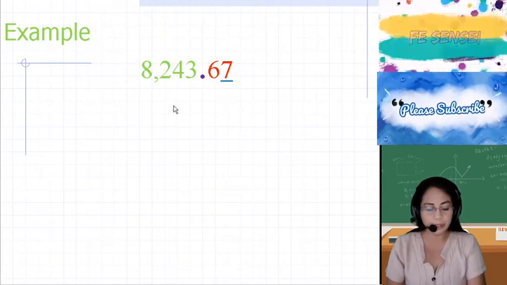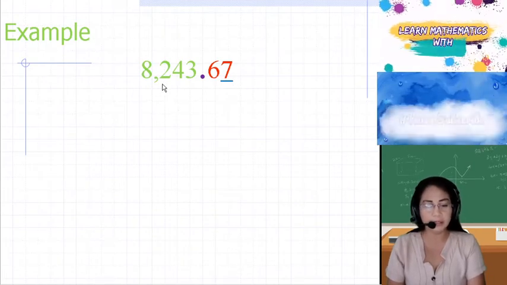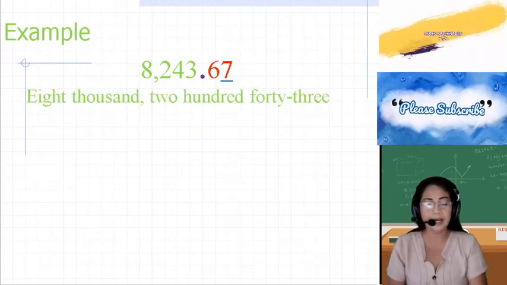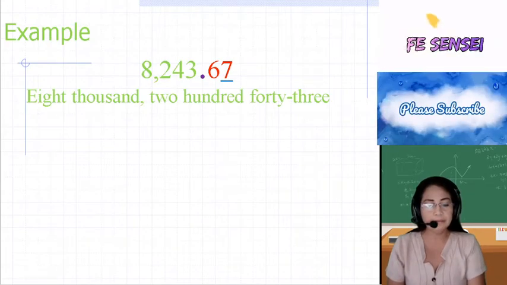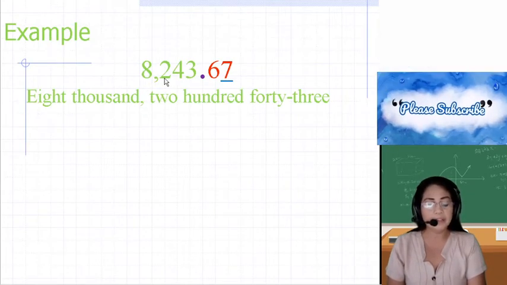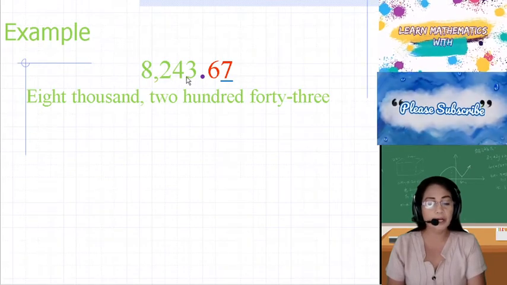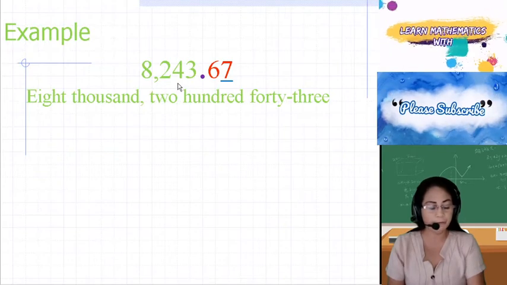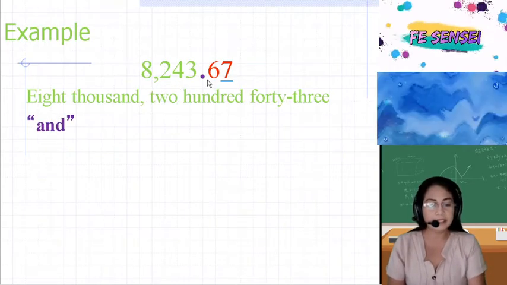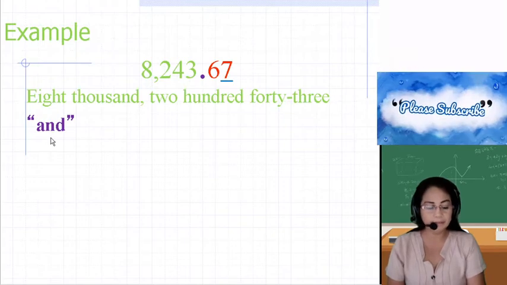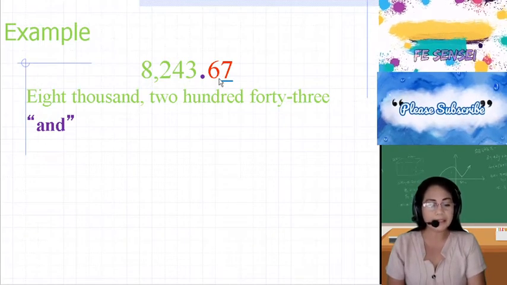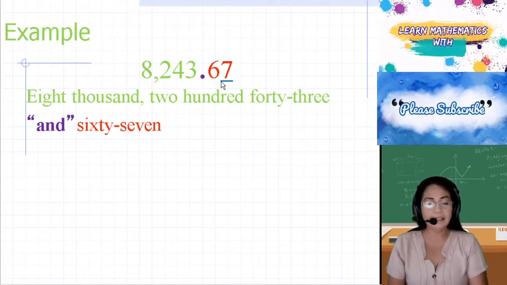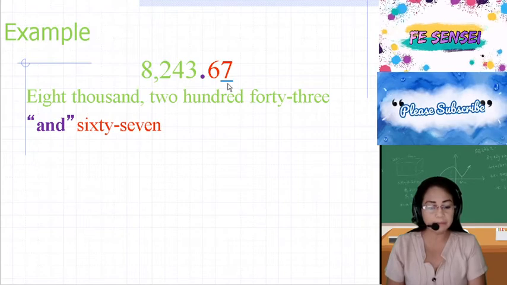Again, first we say or write the number before the decimal point, and that's 8,243. Then the decimal point as "and," and then say the number after the decimal point, that is 67.